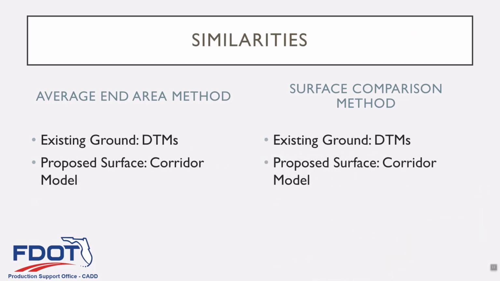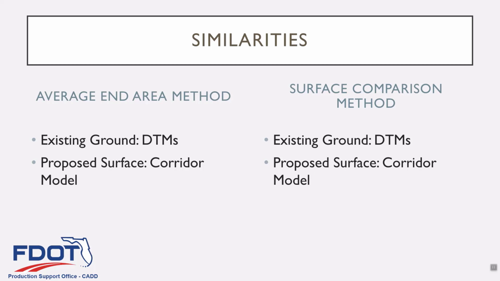There's a few similarities I just want to point out. For the average end area method, you still need the existing ground, the digital terrain models, and you still need a proposed surface corridor model. That's kind of the way we did it in SS10 and in SS4. In the surface comparison method, same thing.